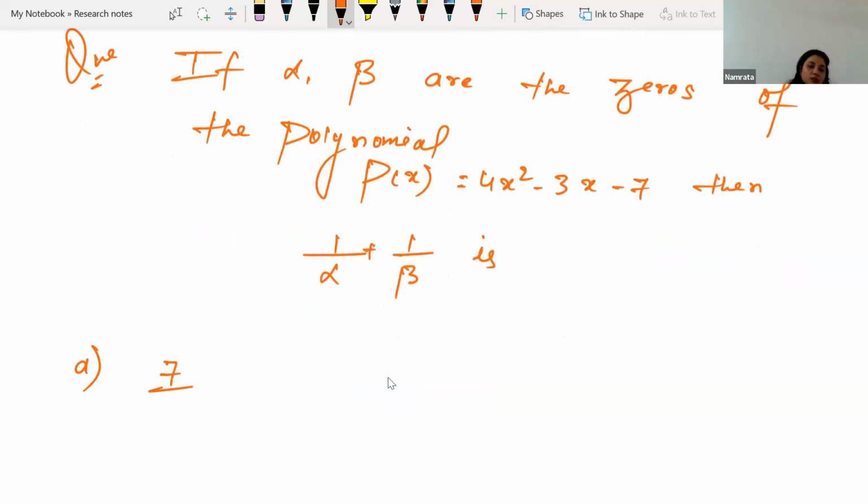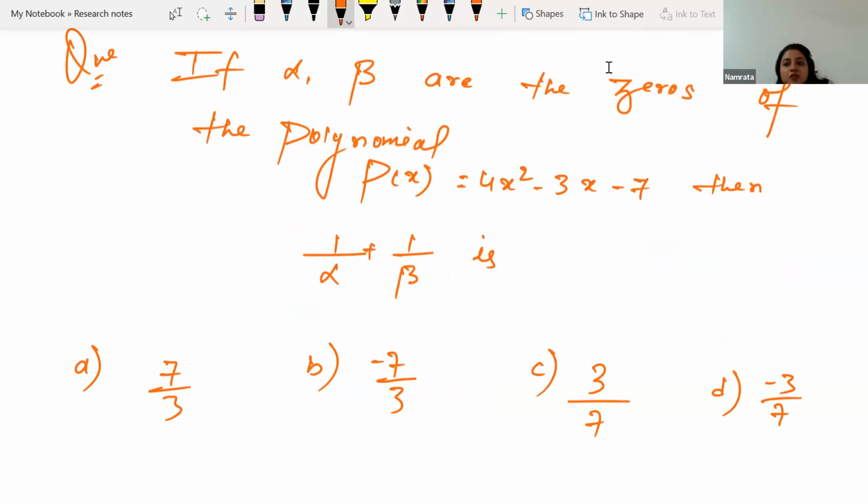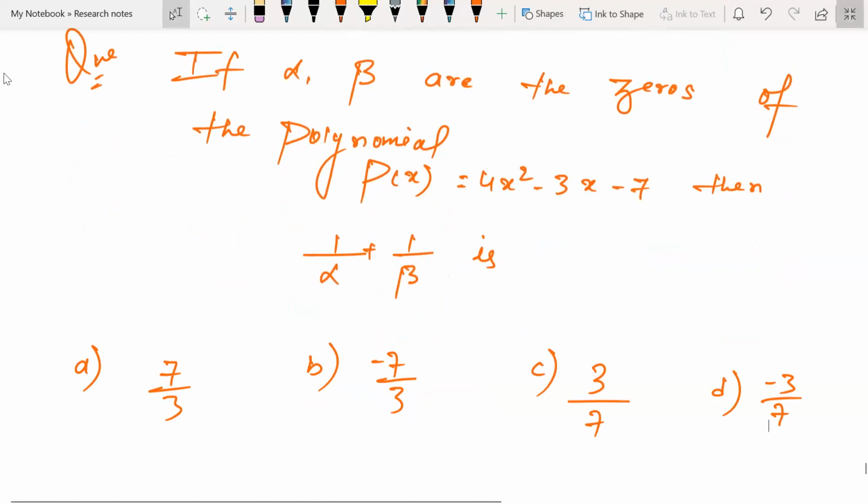A 7 by 3, B minus 7 by 3, C 3 by 7 and D minus 3 by 7. Do calculate it and do let me know.